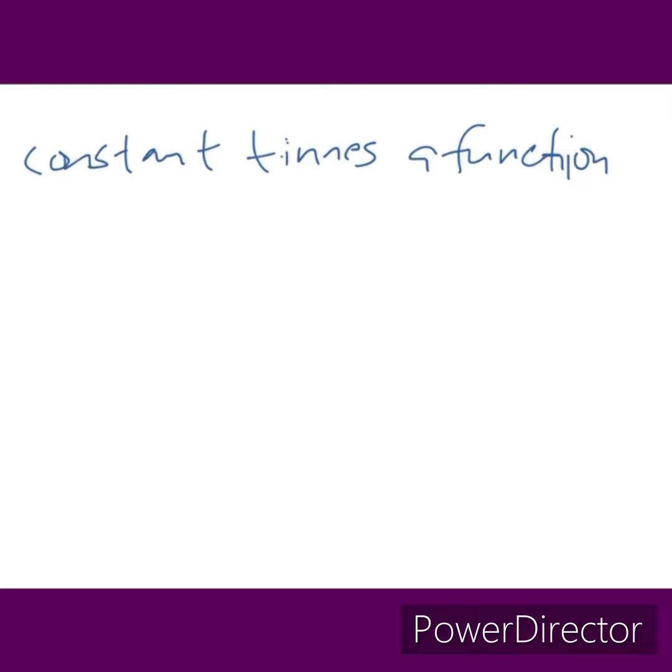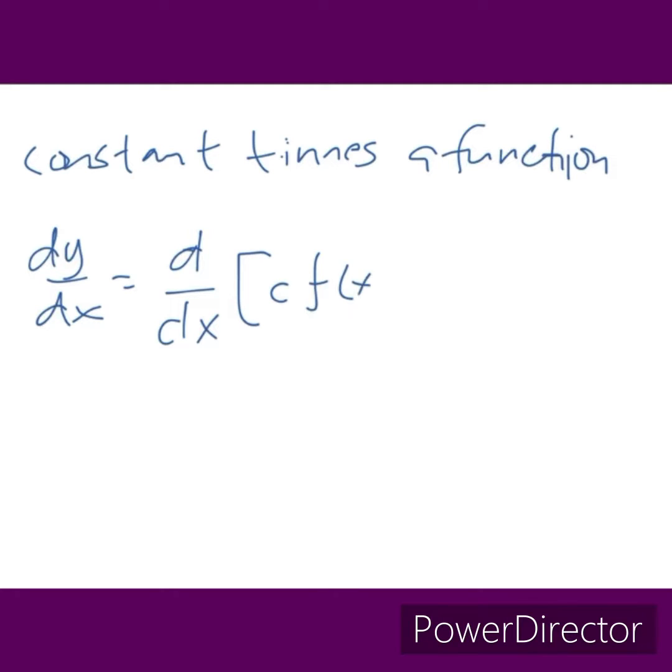If f of x is a differentiable function at x, then so is c times f of x, and the derivative of y is equal to the derivative of c times f of x, which is equal to c times the derivative of f of x.